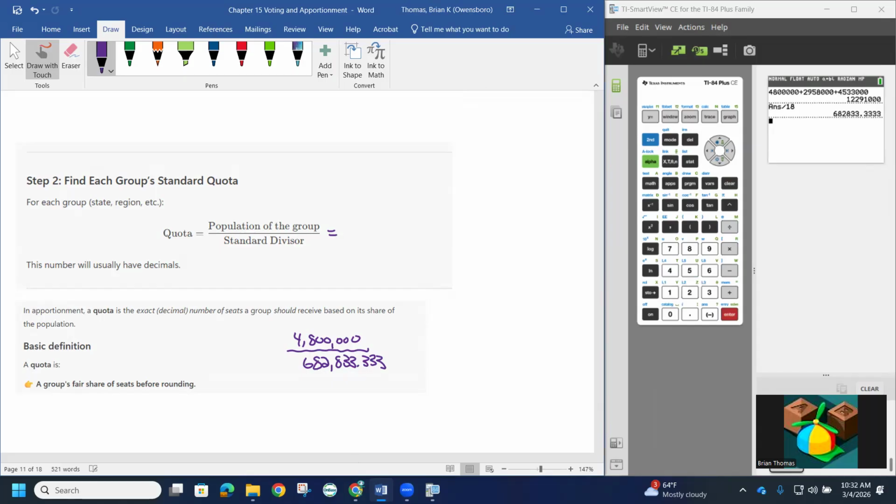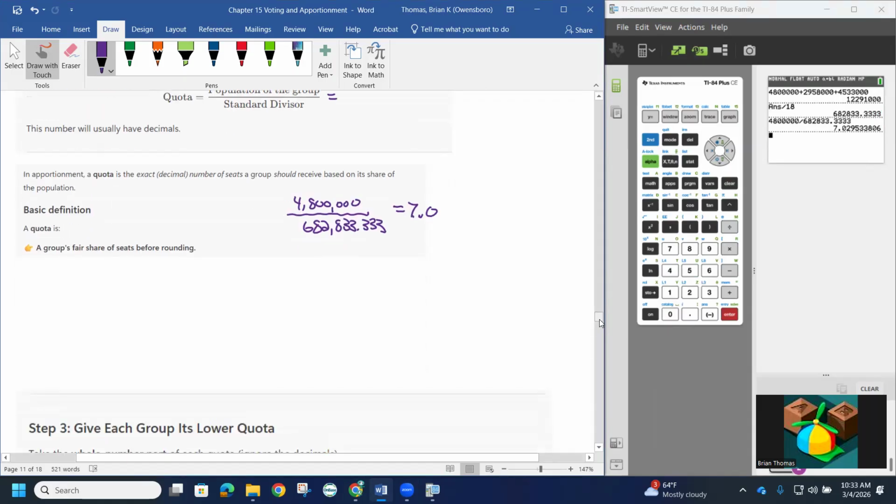So if we do that math, I have 4,800,000, and if I divide that by, I'm going to go up here and copy this and paste it down, that now gives me 7.02. So I'm going to write it as just 7.0, but I do have the decimal there if I need it for anything. So that's going to be A.